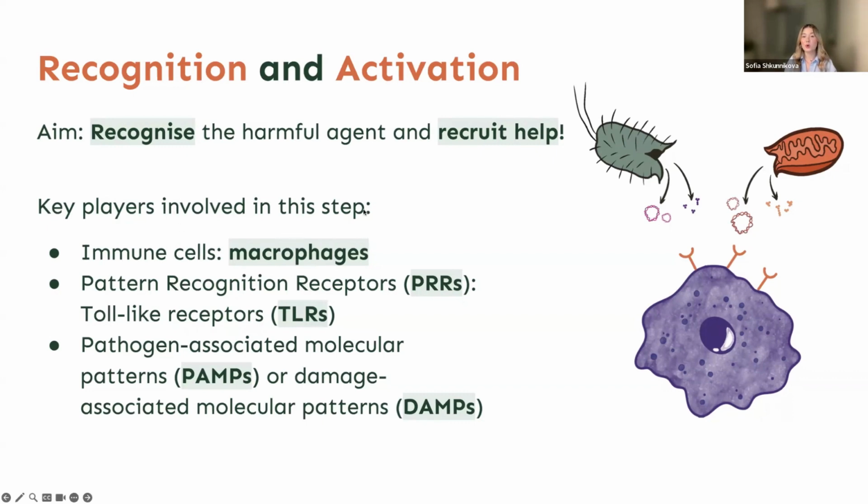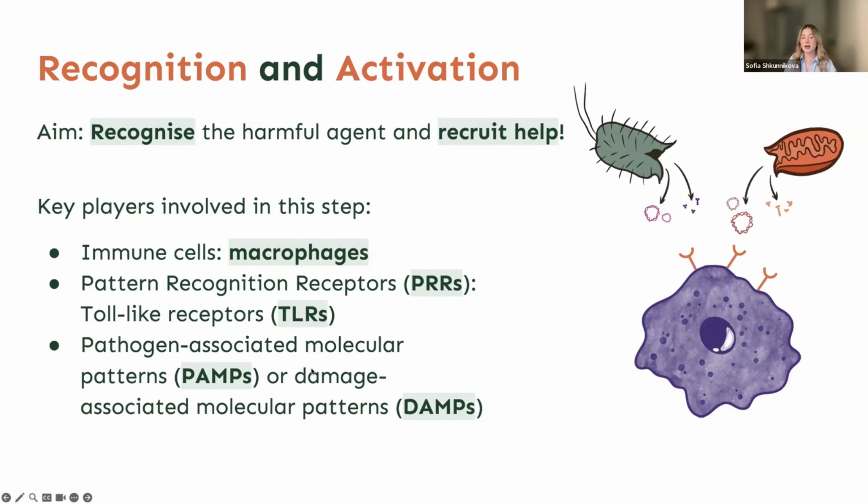And then what happens is that these molecular patterns will get recognized by PRRs, or pattern recognition receptors, which can be found on our macrophages and our mast cells. So these receptors recognize that something foreign is around them. This is exactly what their purpose is.